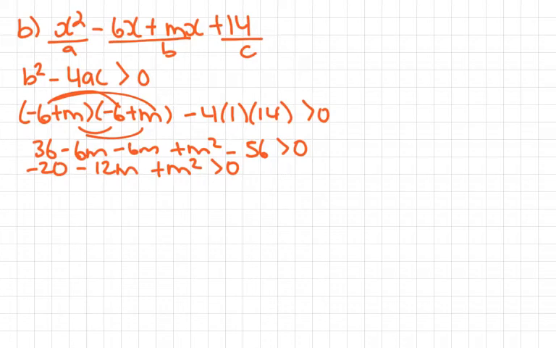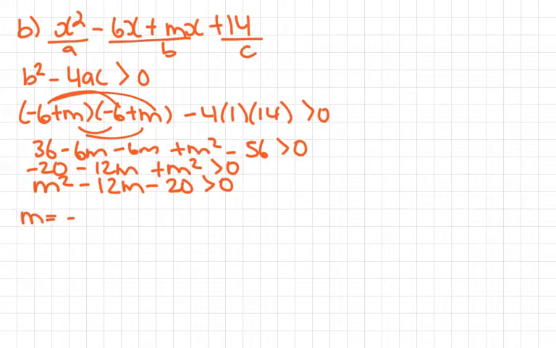And then I'm just going to rearrange it so it's back in the correct order. m squared minus 12m minus 20 is greater than 0. Then I want to factor that. Two numbers that multiply to negative 20 and add to negative 12 does not work. So I'm going to plug it into the quadratic formula.